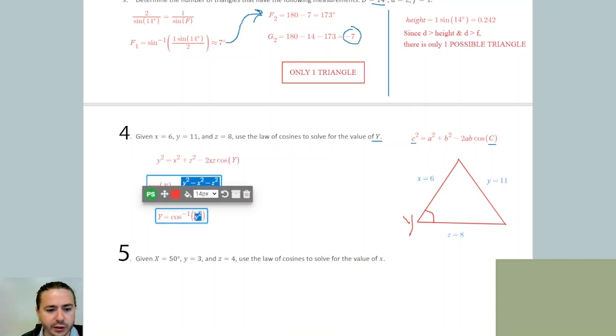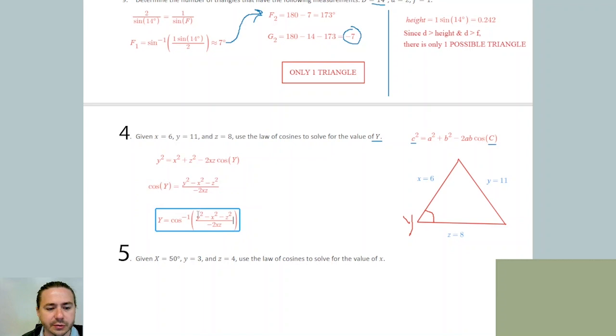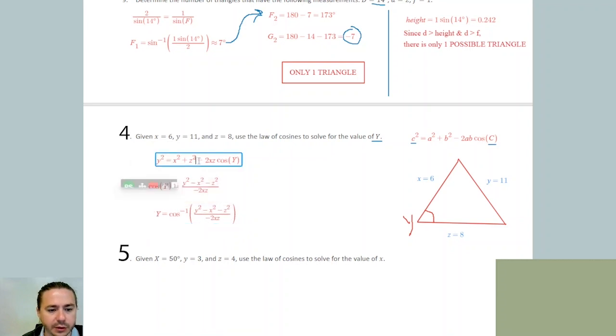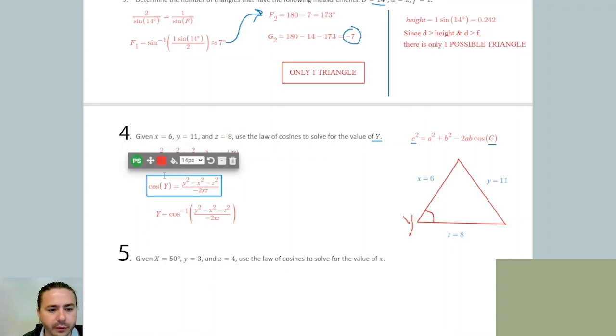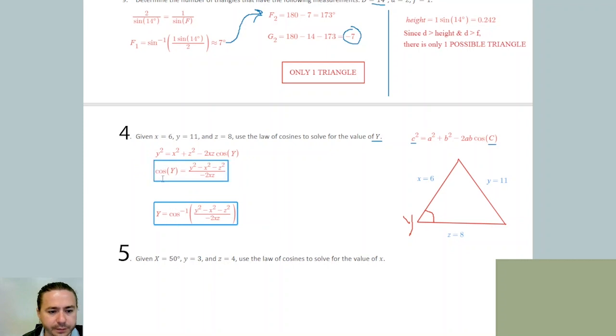But at this point, we are going to just substitute in all of the values that we know and put this in our calculator. We should get our angle. Just going to clean this up a little bit here so we can fit the last step.